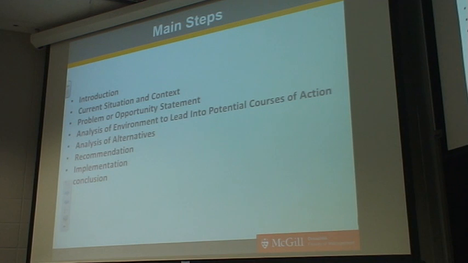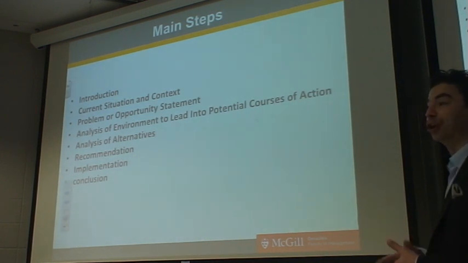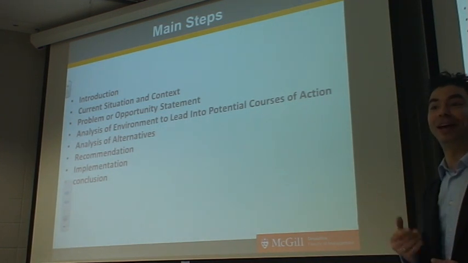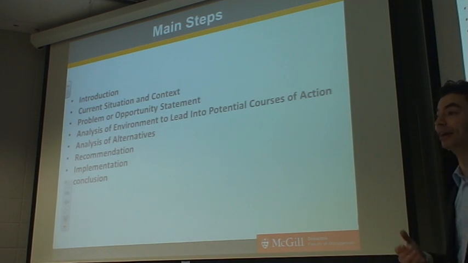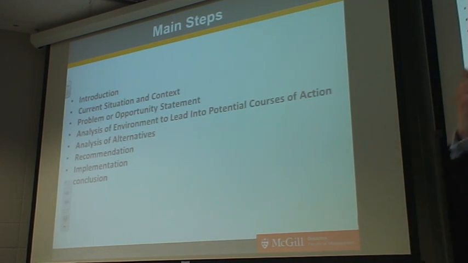The problem could be that there's something wrong with the current product offering that they have for a particular segment. The problem could be a new competitor just entered the market that's killing them in that particular segment. So if you've defined the problem as sales are going down, and then everything is revolving around how do we increase sales, you're never going to actually address the core problem that's causing those sales to go down. Does that make sense so far?